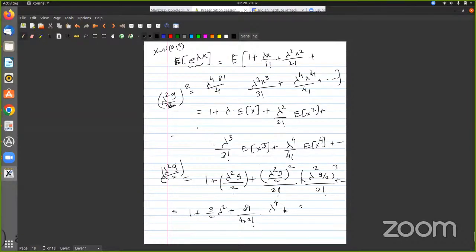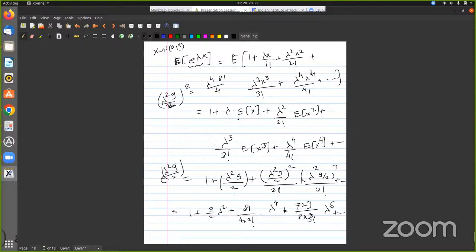So 9 to the power 3 is what, 729, lambda to the power 6, 729 by 8 into factorial 3 into lambda to the power 6, something like that, right? So what I said is, what is the first moment?